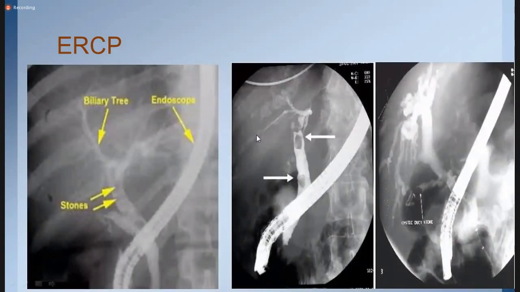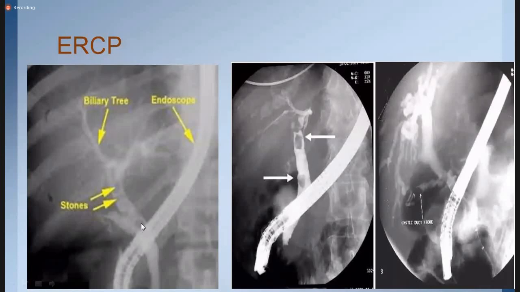Now coming towards the abnormal examination, here we have ERCP with endoscope demonstrating the right and left intrahepatic biliary ducts. This is common hepatic duct demonstrating multiple filling defects in its lumen, representing cholelithiasis or calculi in the common hepatic duct.